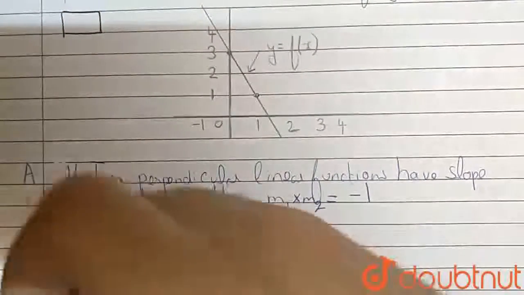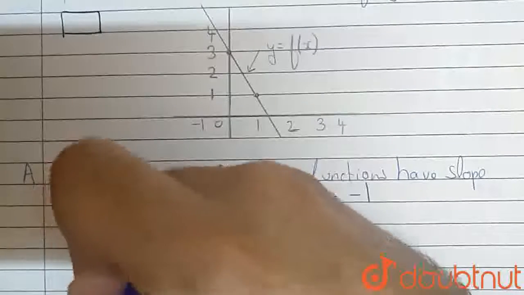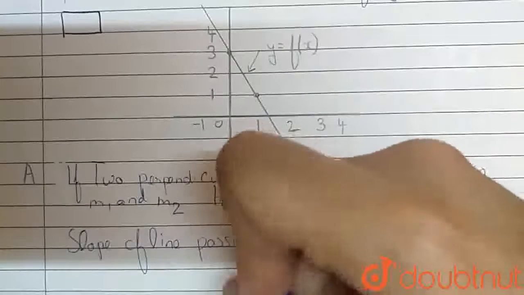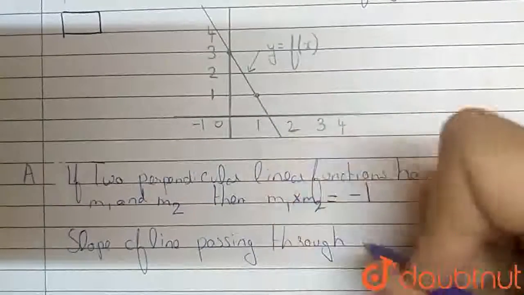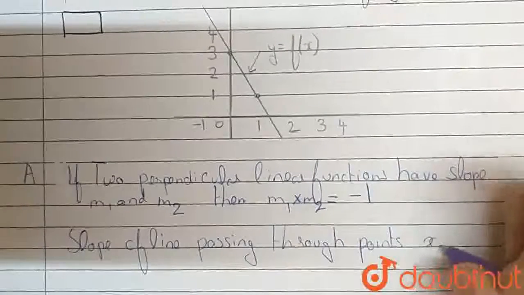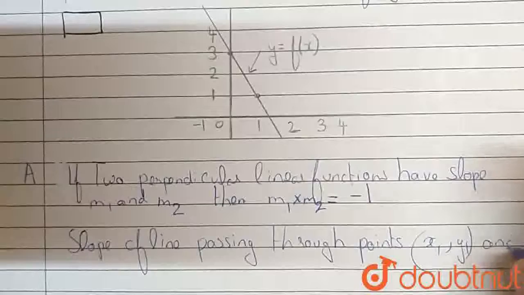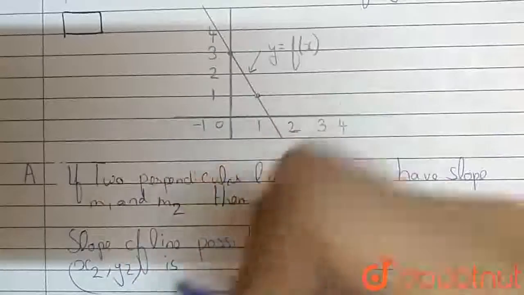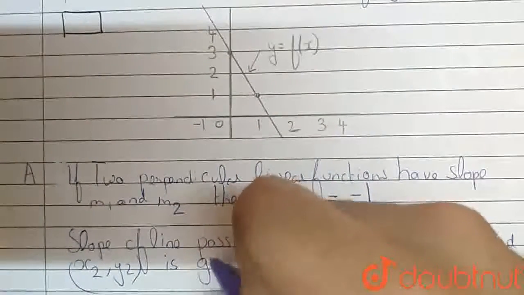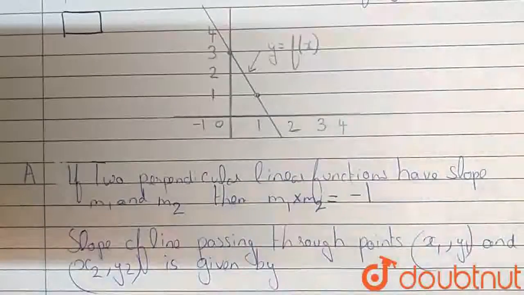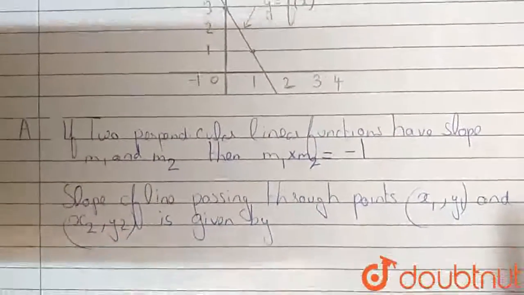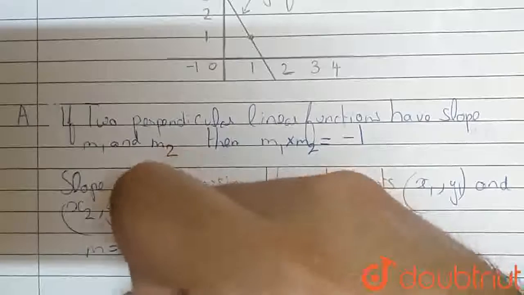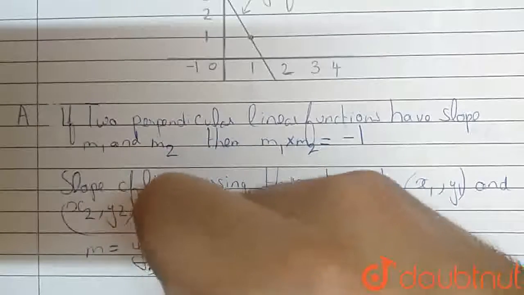So the slope of a line passing through points (x1, y1) and (x2, y2) is given by: if we have a line that passes through these two specific points, the slope of such a line can be represented by m is equal to (y2 minus y1) divided by (x2 minus x1).